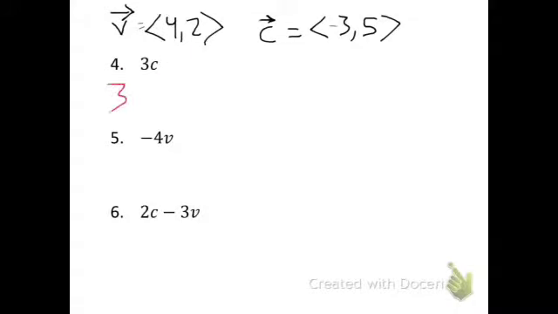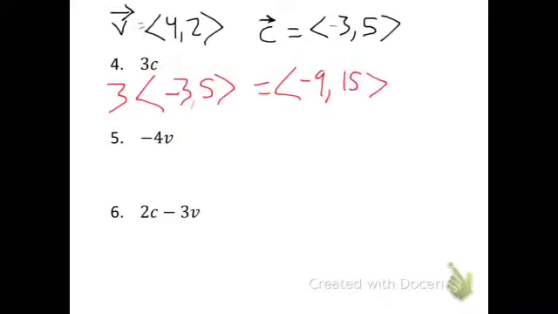Moving on to the next one, if you want to do 3c, you need to do 3 times the components for c, which is almost like you're distributing. You have to do 3 times both of those, you'll get negative 9 and 15. If you want to do negative 4 times v, you can do negative 4 times both those components.